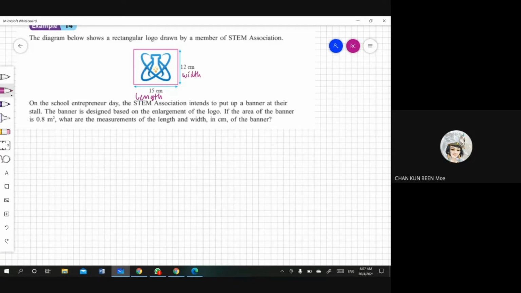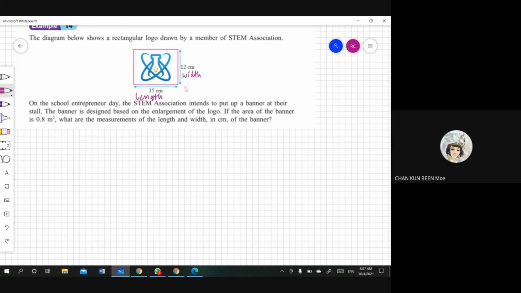So now look at the next line. On the School Entrepreneur Day, the STEM Association intends to put up a banner at their store. The banner is designed based on the enlargement of the logo.